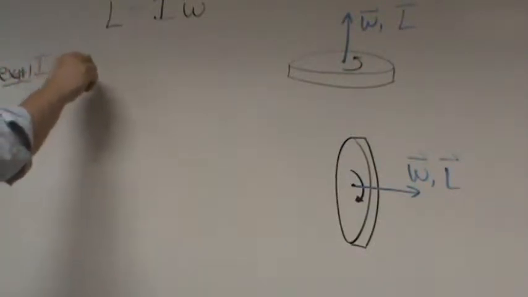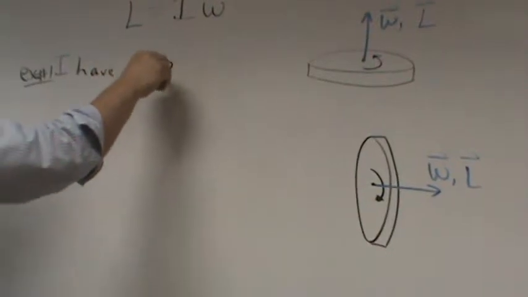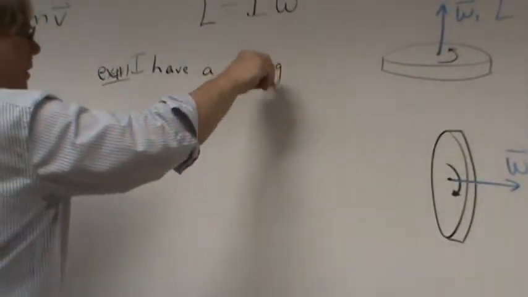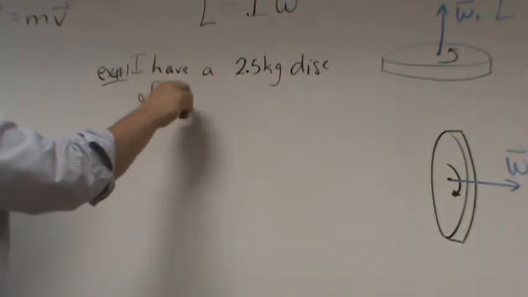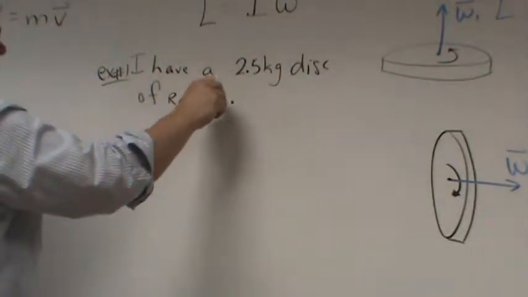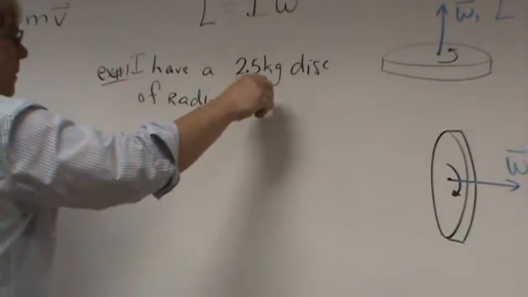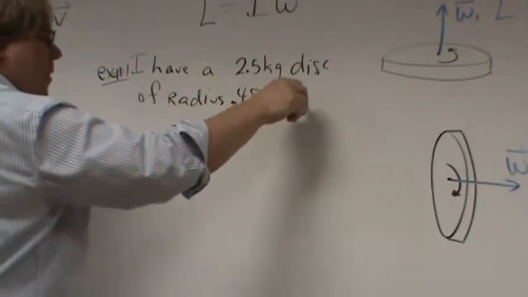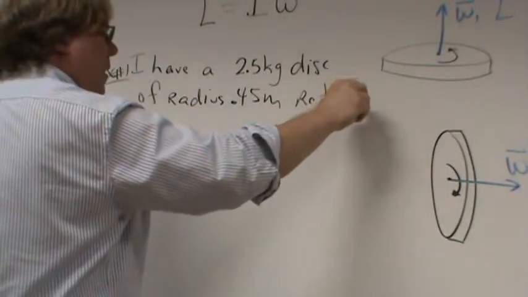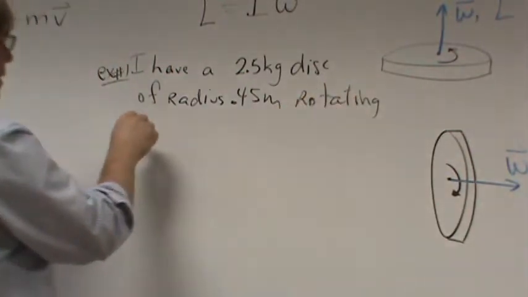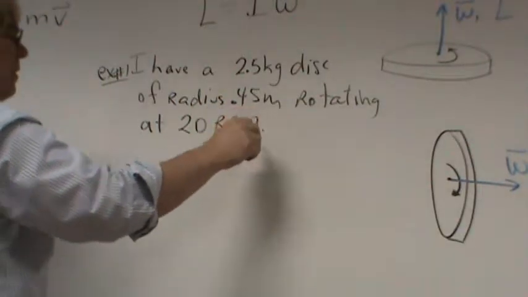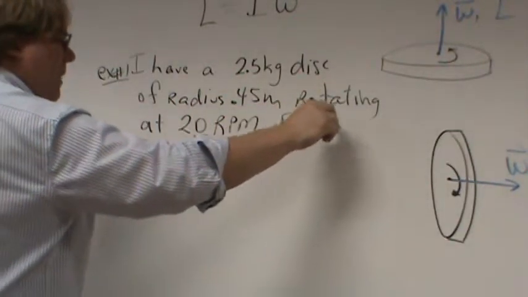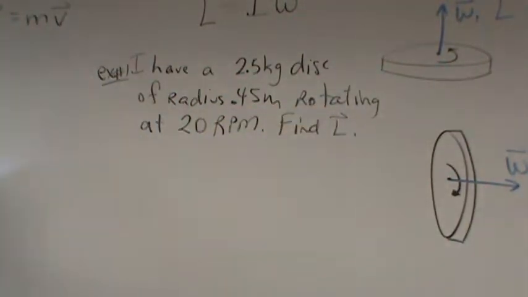I have a 2.5 kilogram disk of radius 0.45 meters, rotating at 20 RPM. Find the angular momentum.